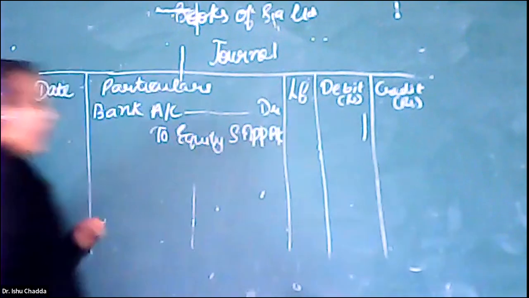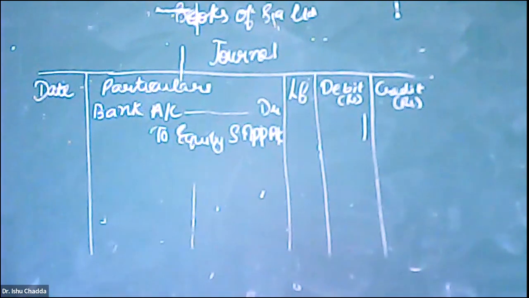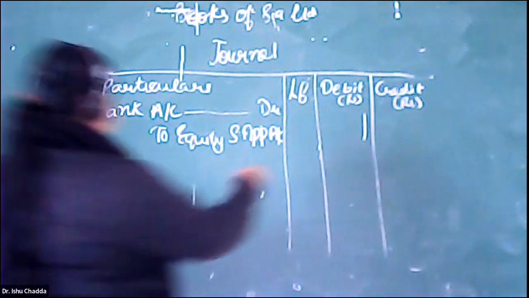Bank account debit to equity share application account, because they have actually received money on 25,000 shares at rupees 1 per share. 25,000.